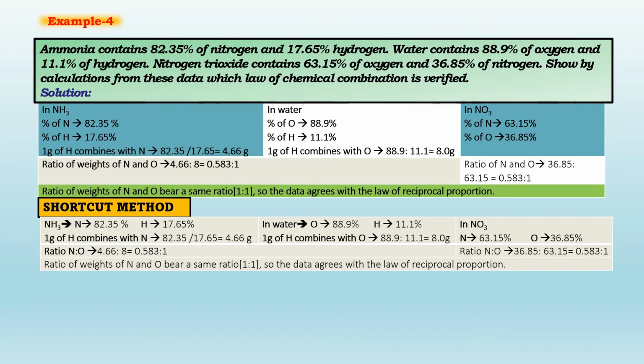So in ammonia, the percentage of nitrogen is equal to 82.35%. The percentage of hydrogen is equal to 17.65%. 1 gram of hydrogen combines with nitrogen equal to 82.35 divided by 17.65, that is equal to 4.66 gram.